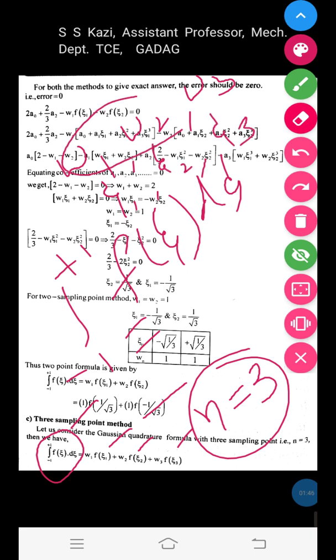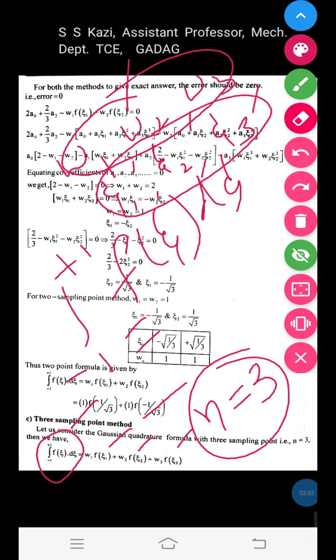Now we will calculate the values of w1, w2, w3, zeta 1, zeta 2, zeta 3 to evaluate that particular integral, so that the error between the conventional method of integration and the Gaussian numerical integration should be 0.